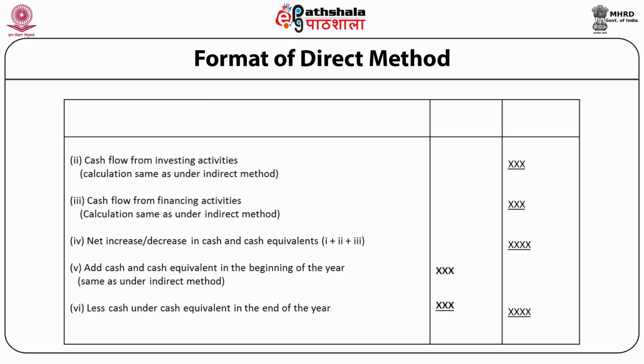Next part is we'll add cash and cash equivalents in the beginning of the year, which is again same calculation as under indirect method, and we'll write this amount in the inner column. The next part is we'll deduct cash and cash equivalents in the end of the year and write this amount in the inner column, and we'll write the final calculation in the outer column.